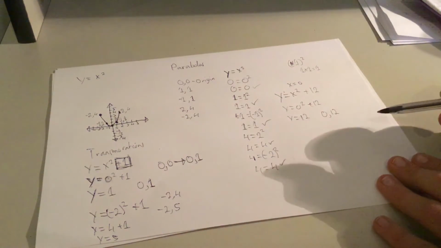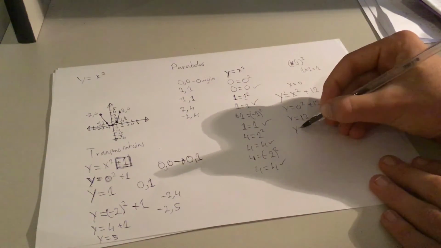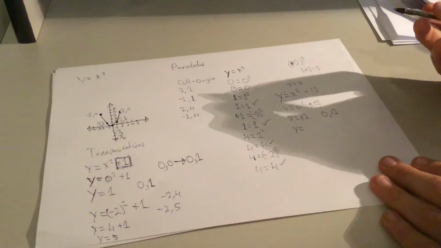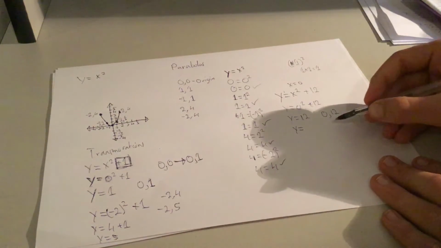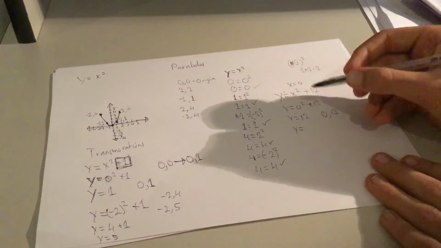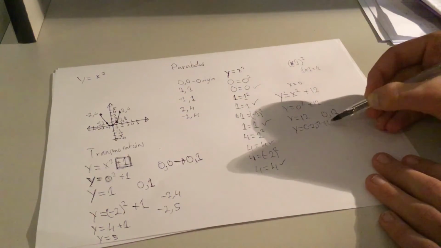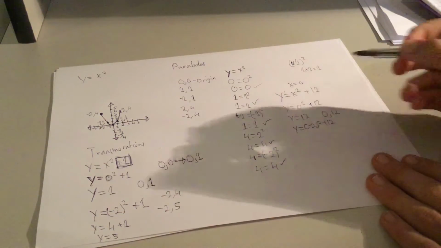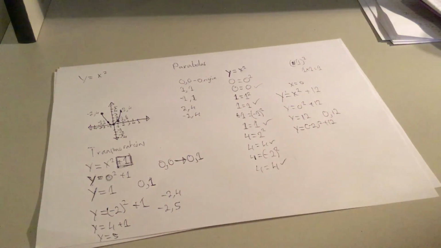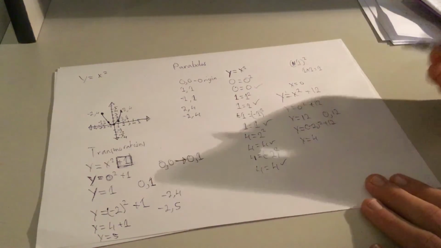So that's our transformation. If we do another point with this transformation, let's do the x coordinate -2. So -2 squared plus 12. So -2 squared, again, equals +4, plus 12.